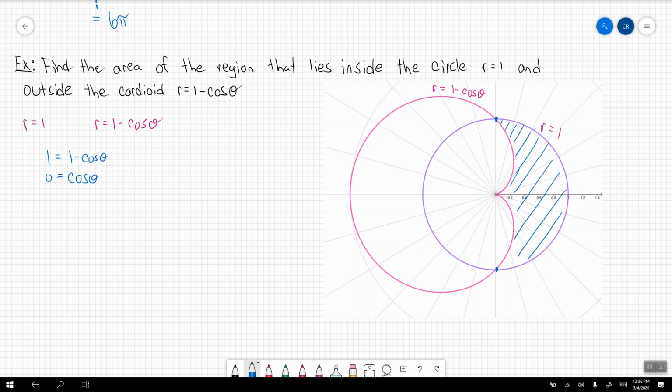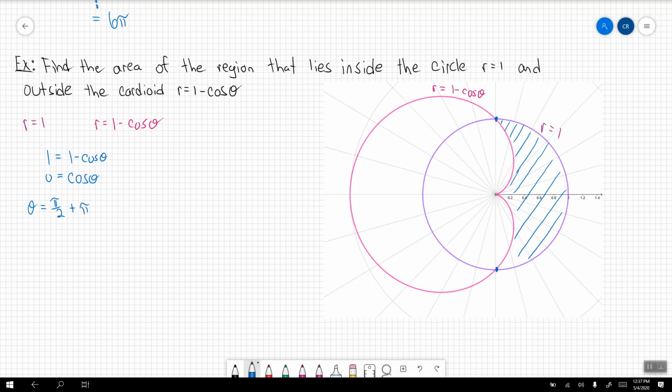Well, where is cosine of theta equal to 0? We now have to find those values. Cosine of theta is equal to 0 when theta is equal to pi halves, and then it happens again at every pi increment.